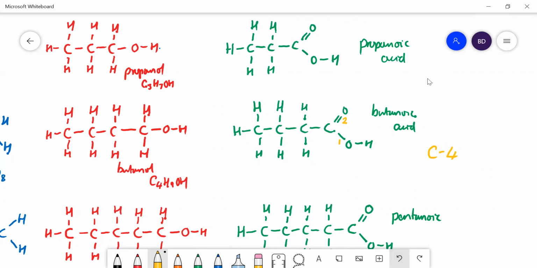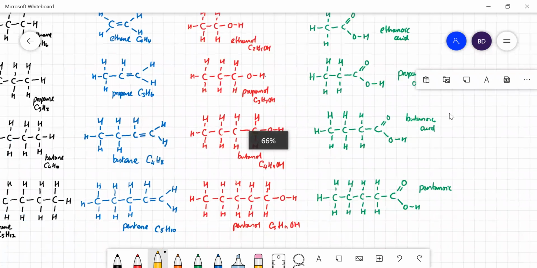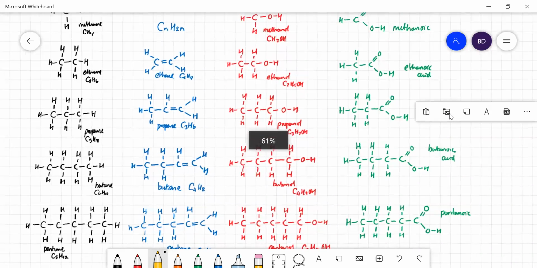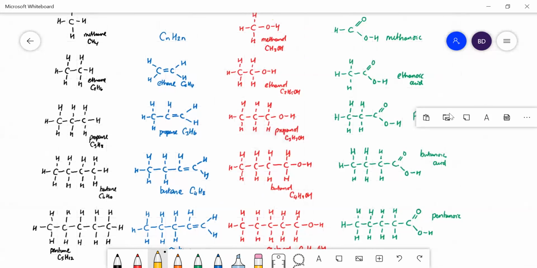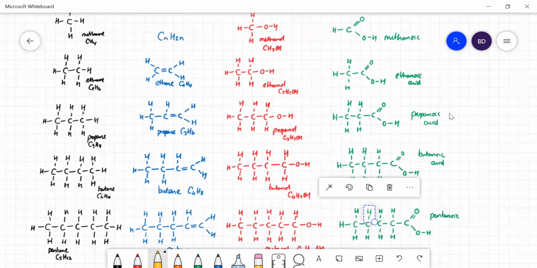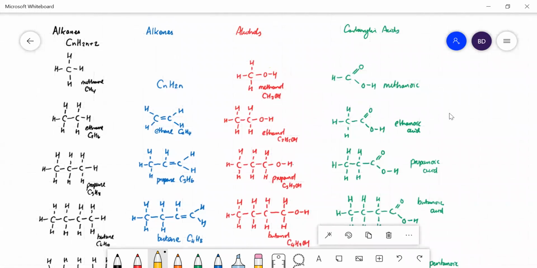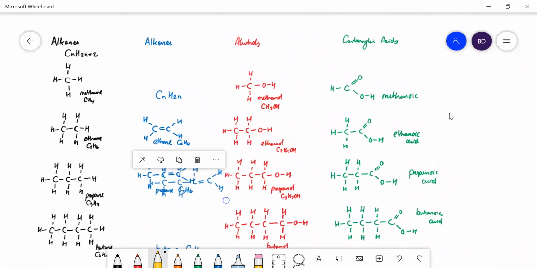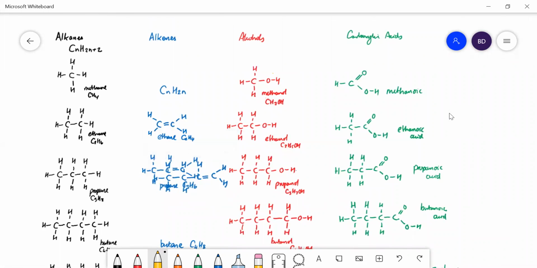So those are the 4 families of molecules that we need to know about for GCSE. So we put them all together like that. You've got the alkanes, the alkenes, the carboxylic acids, and the alcohols.